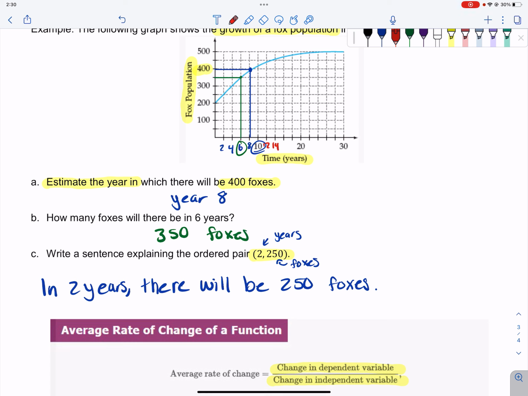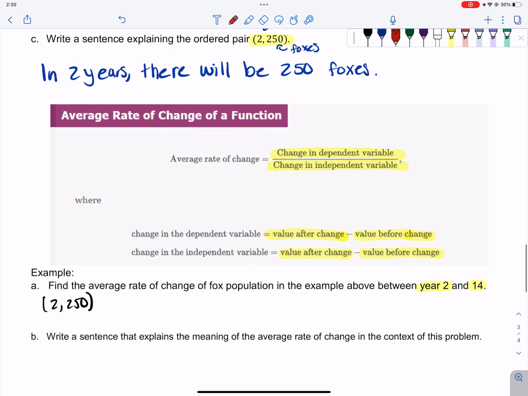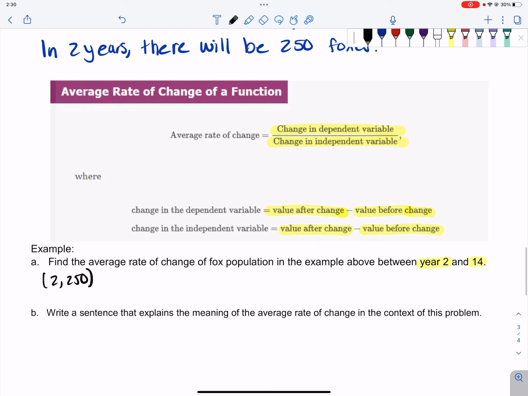We have 14 is this one dash here. So we can go up to evaluate approximately how many foxes there are. And we can see there is about 450 foxes in year 14. So our ordered pair for that would be (14, 450).